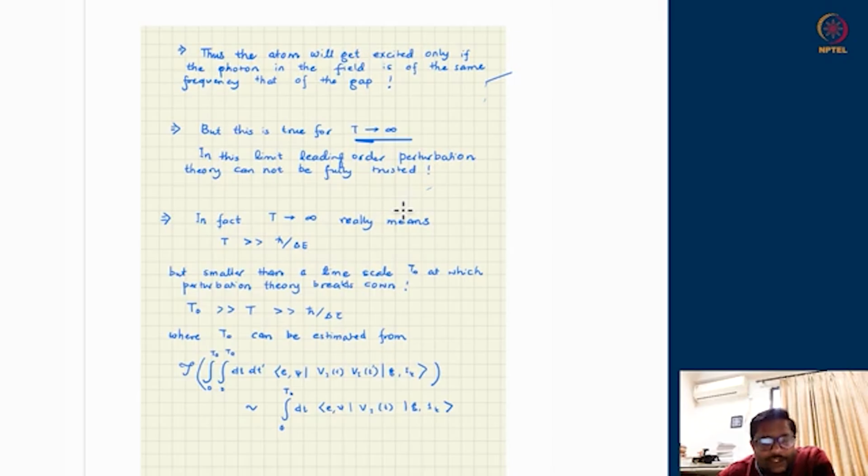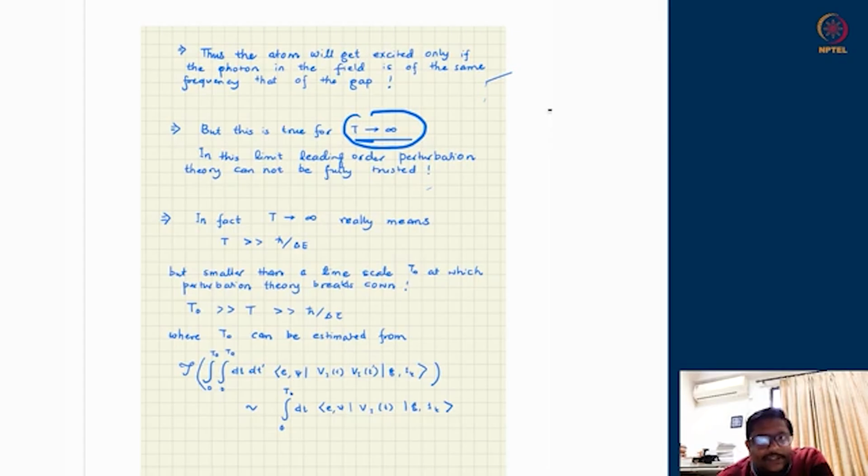But you can check for yourself that the higher order terms which we had thrown away are small at small time steps. If I wait for larger and larger times, they will not remain small enough. They have a tendency to grow for longer times. That means if I literally take t tending to infinity, I have to account for all order terms of the time ordered exponential, not just the leading order.